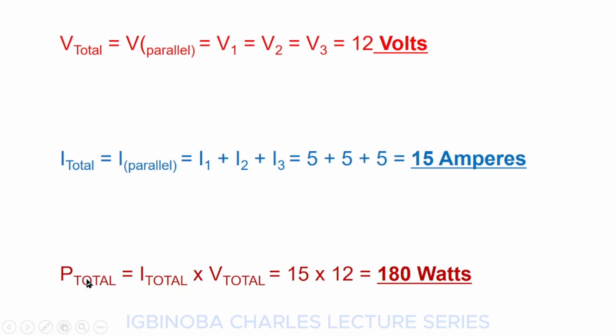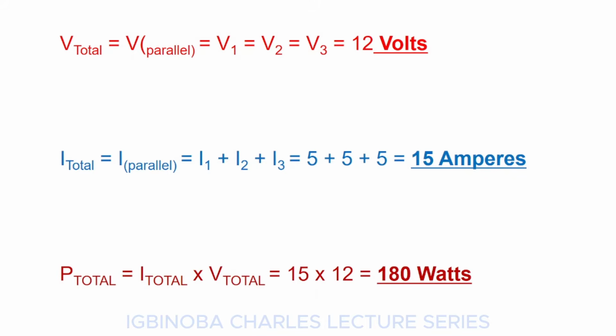And our total power PT is equal to IT times VT, which is 15 amps times 12 volts, which will give us 180 watts.